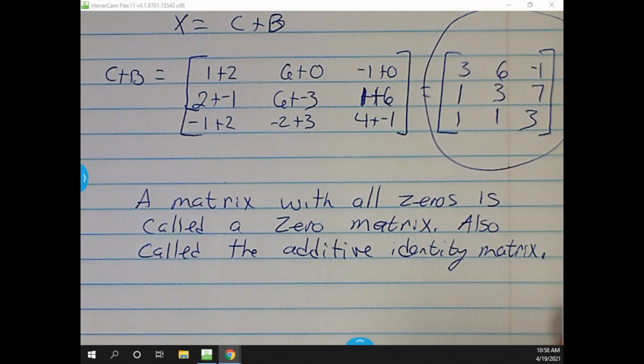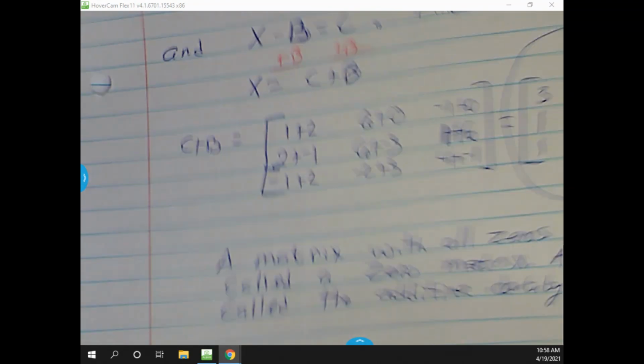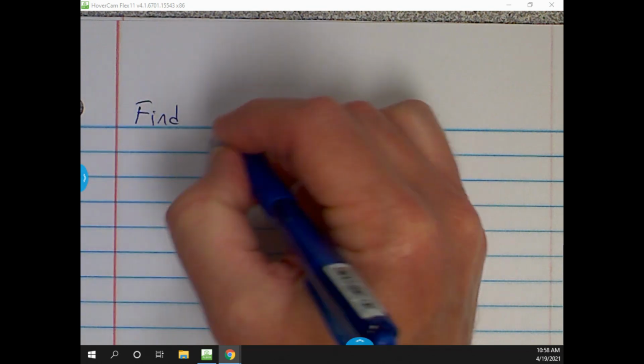All right, and then the last thing, addition and subtraction wise, that we'll look at before we get into some of the multiplication part, is they may also ask you to find some unknown values.